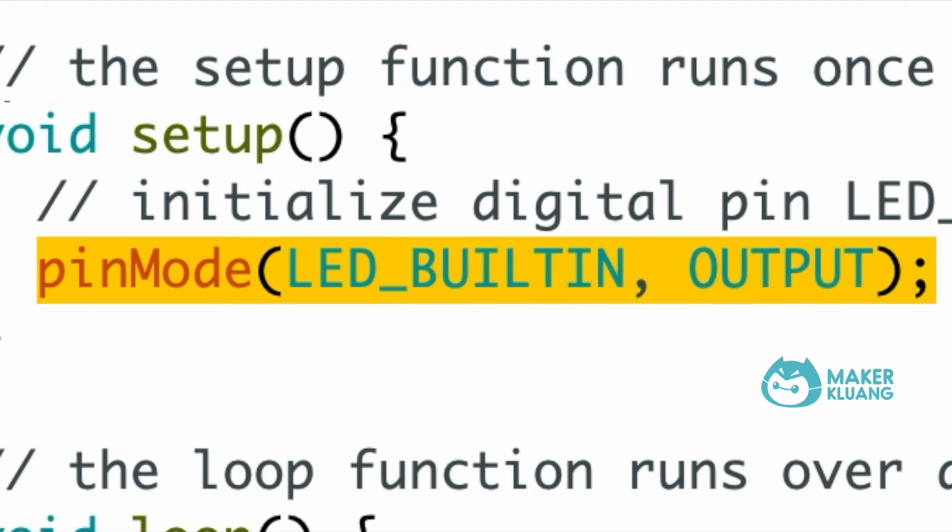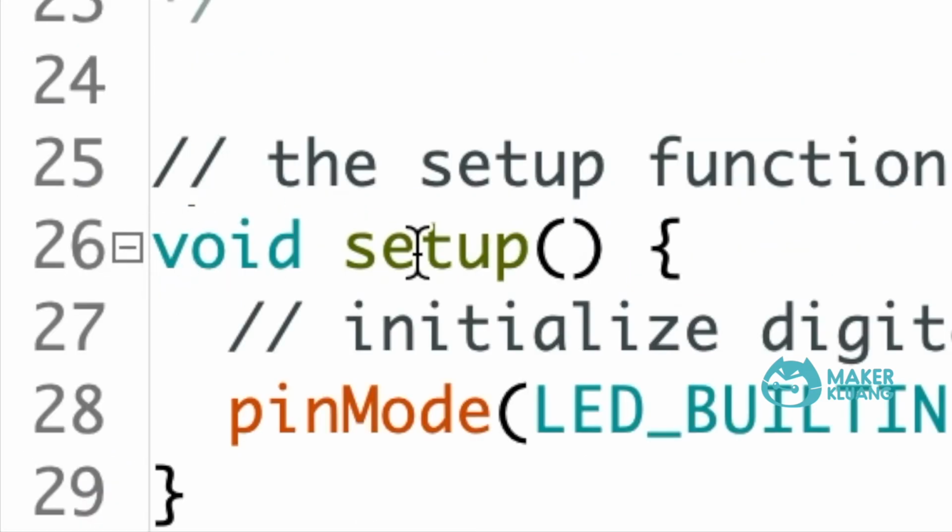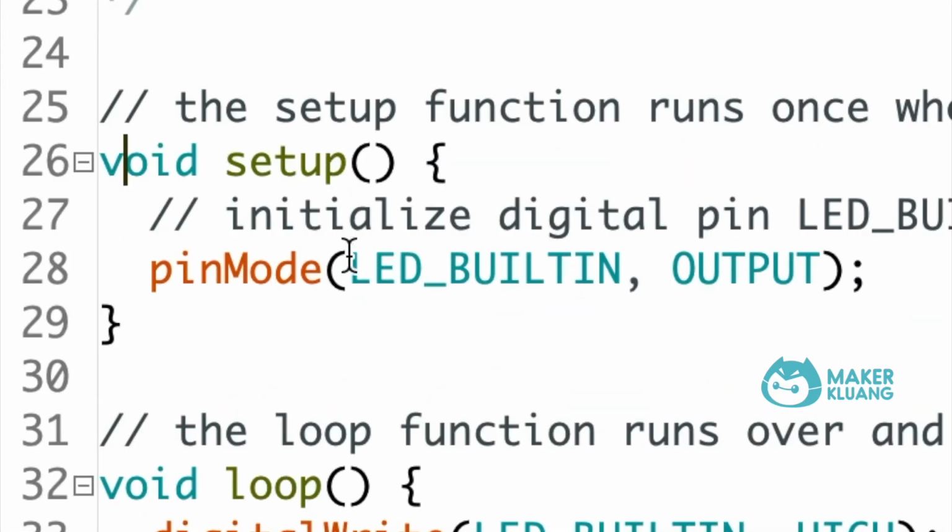In this example, we write pinMode(LED_BUILTIN, OUTPUT); which means we are going to use the built-in LED, aka pin 13, and it will be the output role. The setup() function configures the program we are about to run. It can set up a digital pin, initiate the serial monitor, or other kinds of program functions.